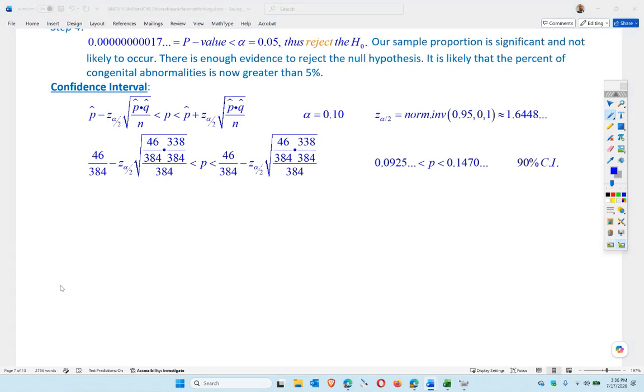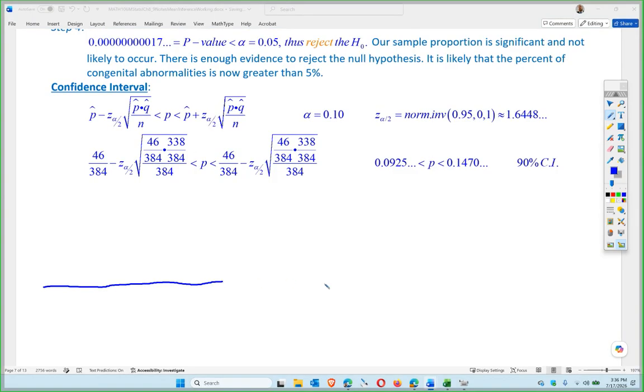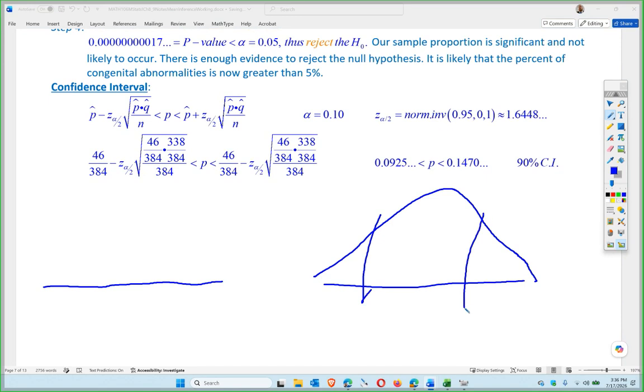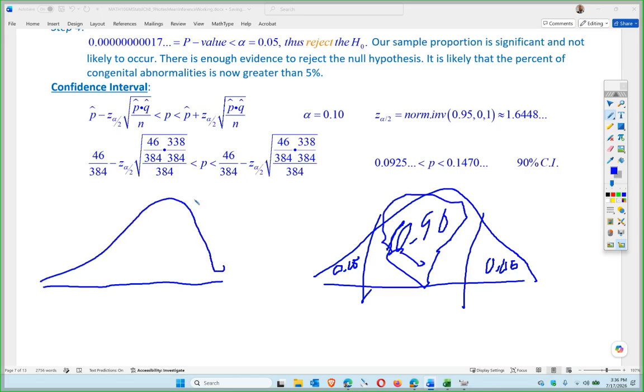Because if we draw this, 0.90 in the middle, 0.05, 0.05. This is our confidence interval in here, correct? And the hypothesis test was a right tail for 0.05, so this is 0.95.